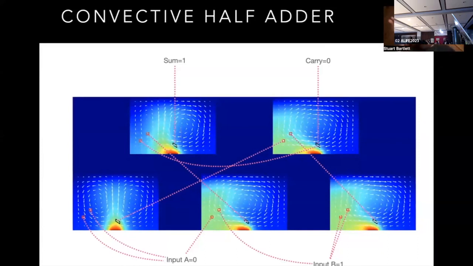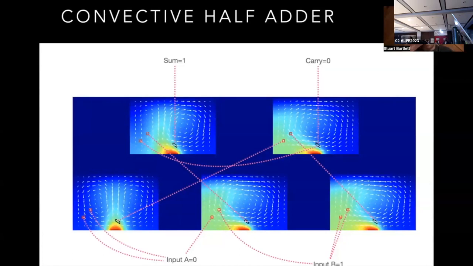For the next input in the truth table, where we switch input B on, switching that input B on flips those two gates on the lower right and center to the single convection cell state. And so what that means is that the sum gate on the top left receives low inputs because it's getting input from that lower center gate and the upper right gate.